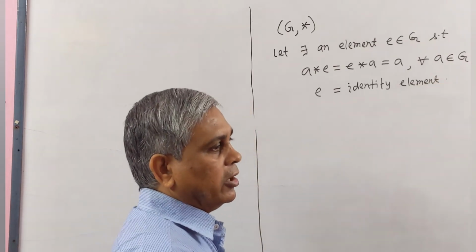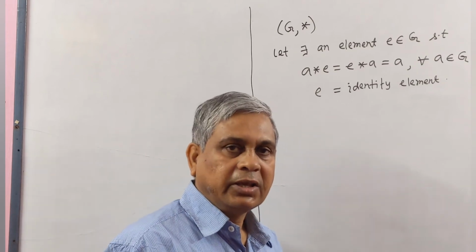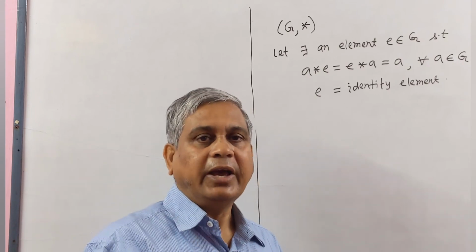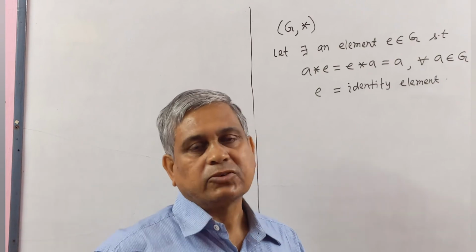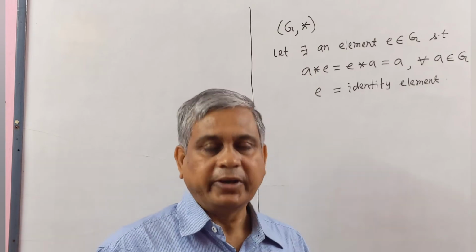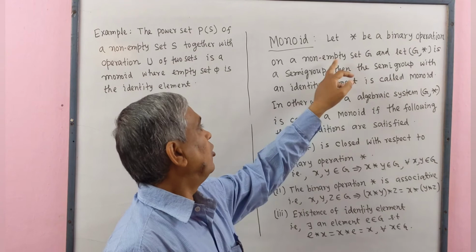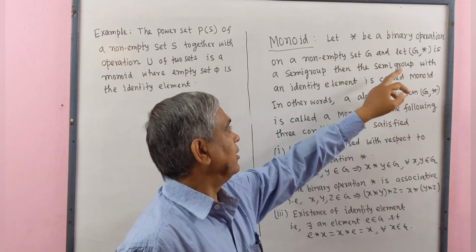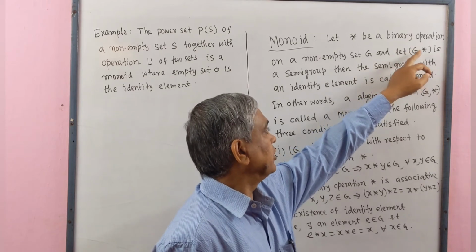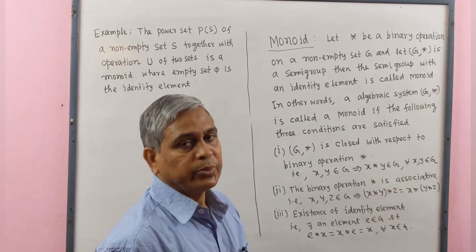If we include this concept with semi-group, then we will get a new algebraic structure that is called monoid. Now we define monoid. Let star be a binary operation on a non-empty set G. Let the algebraic structure G with binary operation is a semi-group.